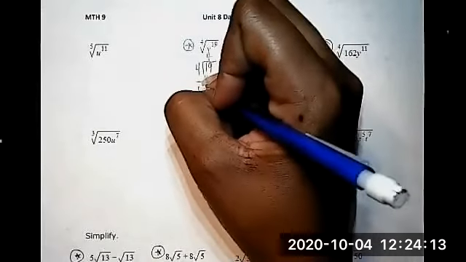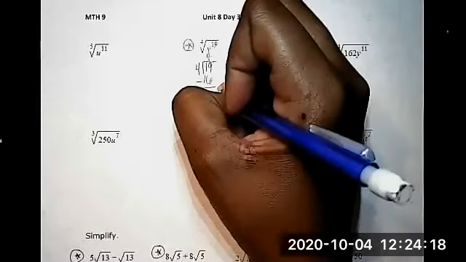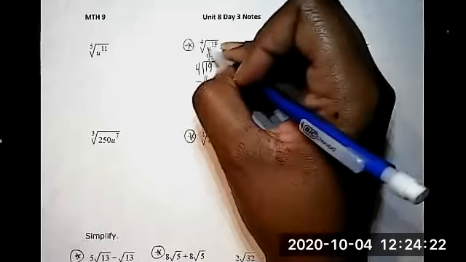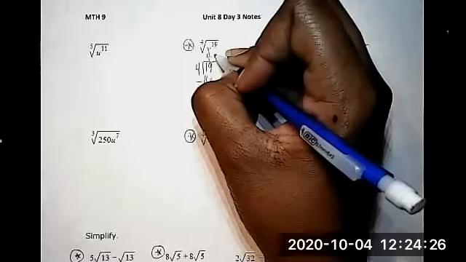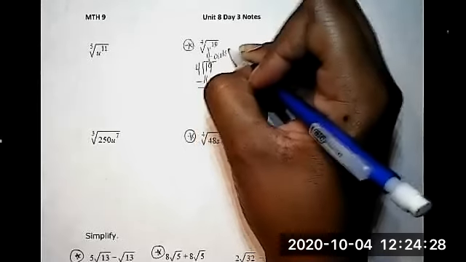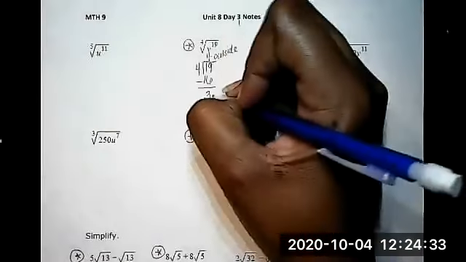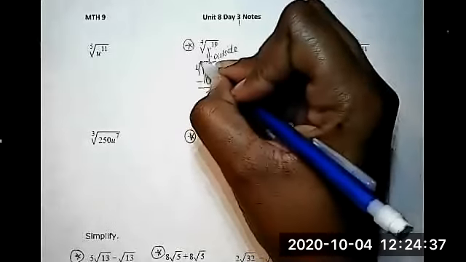Then I subtract: 19 minus 16 becomes 3. This right here is your remainder. The number up here is what goes on the outside, your remainder is what's left over inside, and this right here is your root.